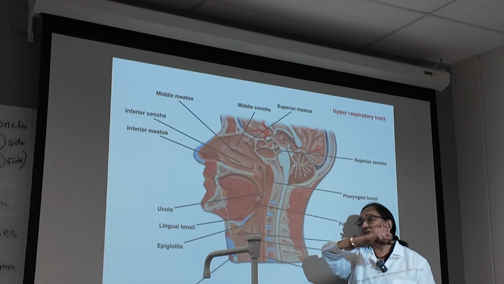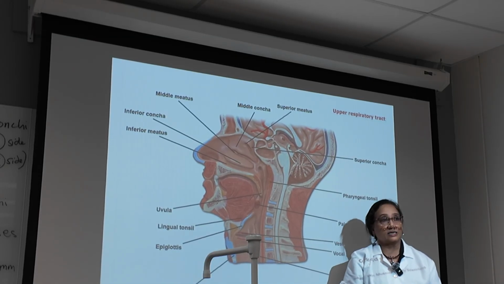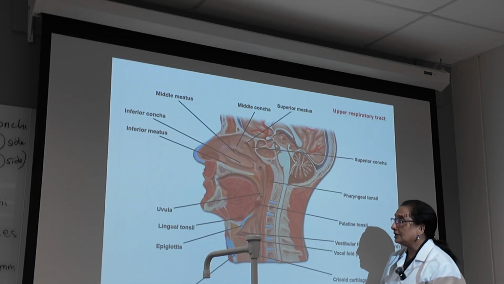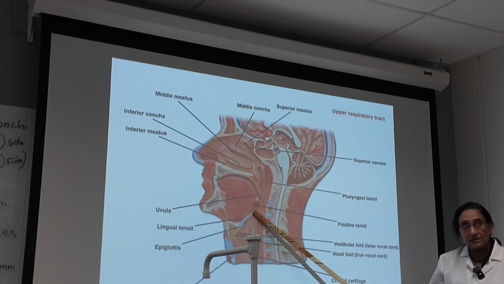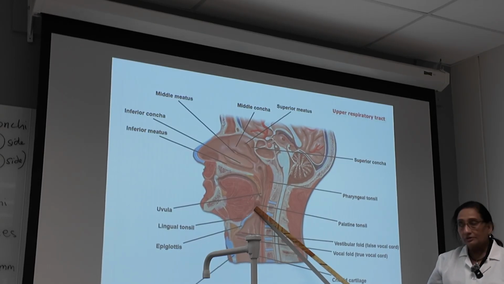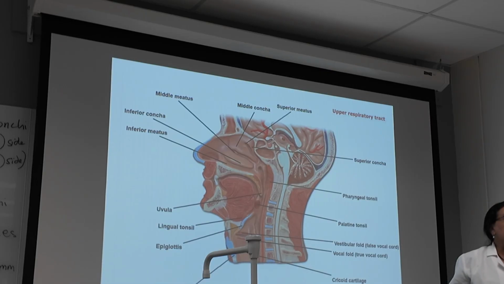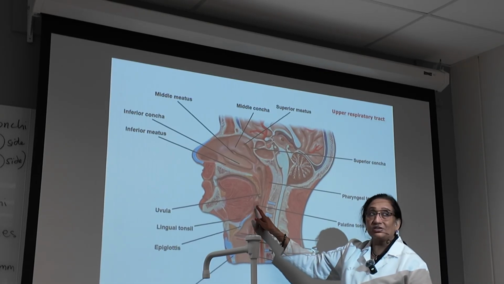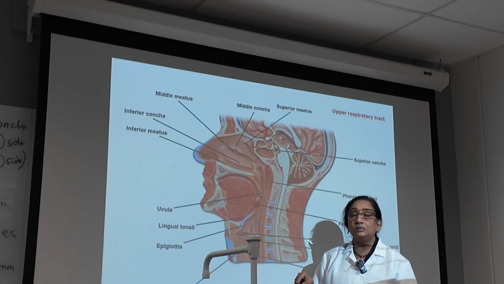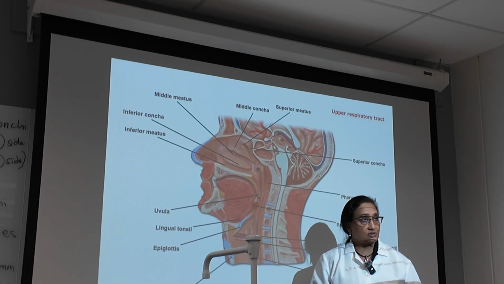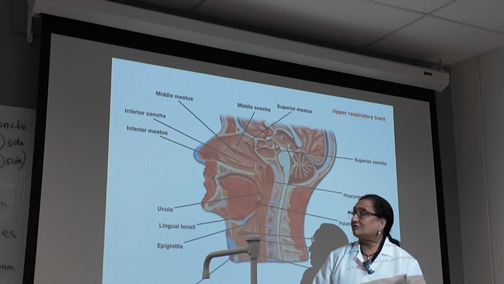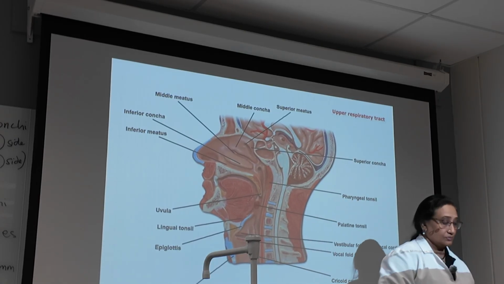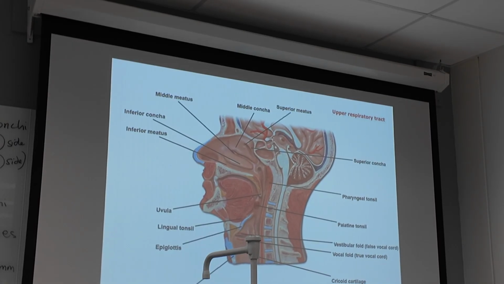And sometimes this has to be removed, tonsillectomy. Anybody here who has had a tonsillectomy? Okay, pretty good. So tonsils, you can spare, you can remove these if it is really causing a lot of trouble. But of course you have other immune system structures that can protect you.